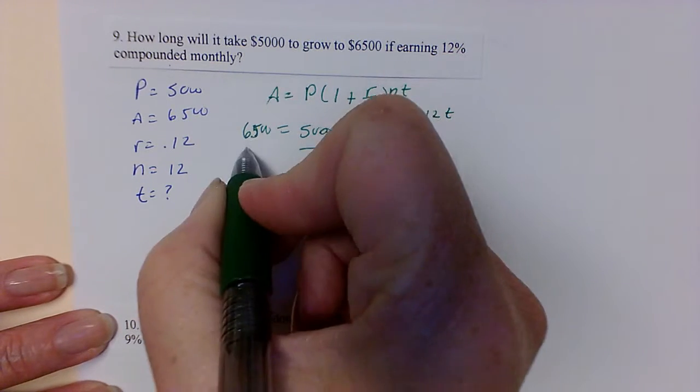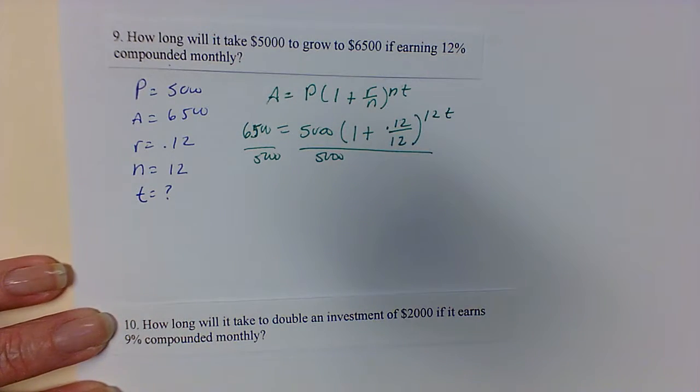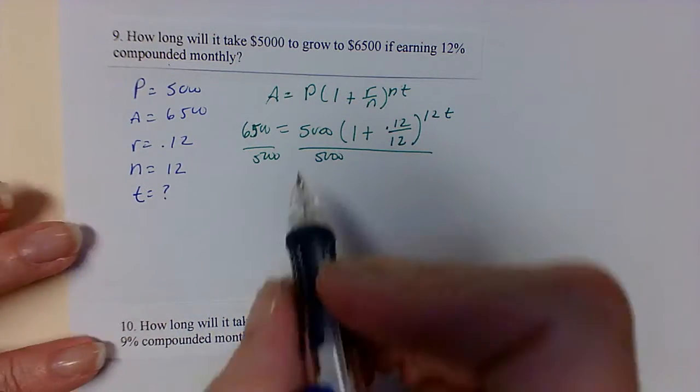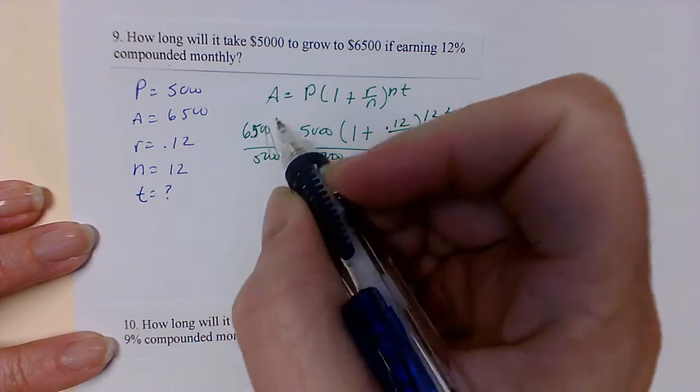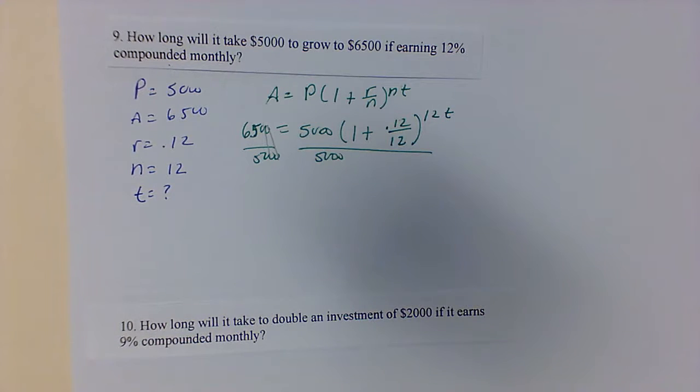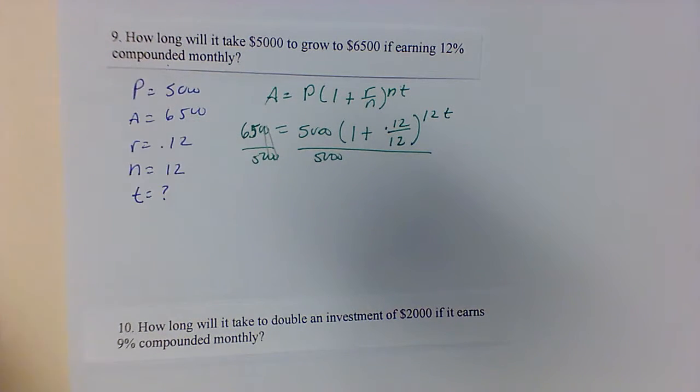We're going to divide by 5,000 on both sides. And again, remember, you can cancel out double zeros there. So we are looking to 65 divided by 50.